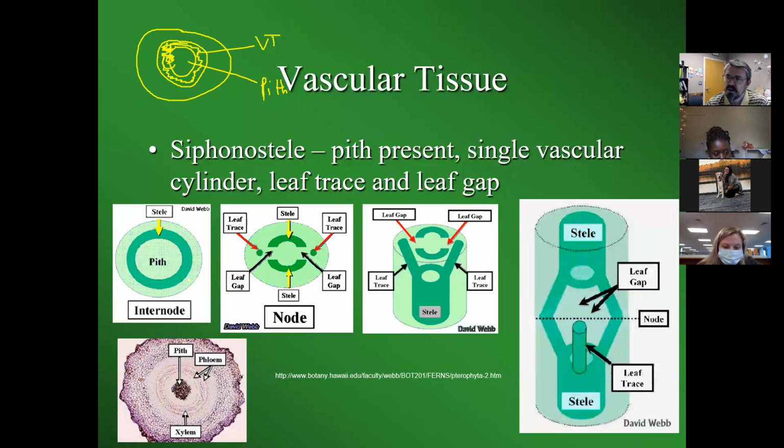What's the difference between the other one and this one? There's a pith here in the middle. The other one had no pith. It's just vascular tissue. So leaf trace and leaf gap. You can see the leaf trace here in this picture. Leaf trace moves upwards, but there is a gap in the next part of your vascular tissue.